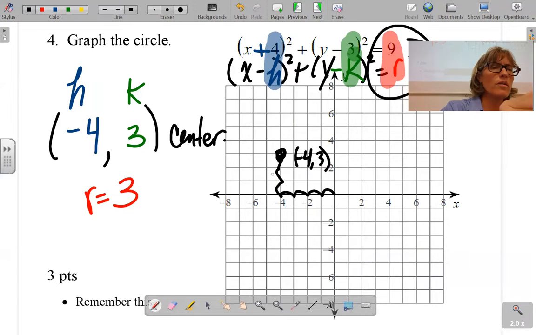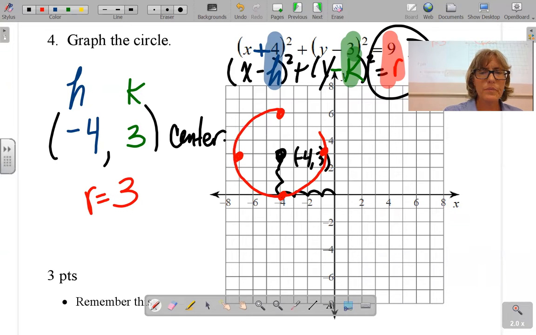There's your center, and then go 3 up, 3 to the right, 3 down. That's how you graph a circle.